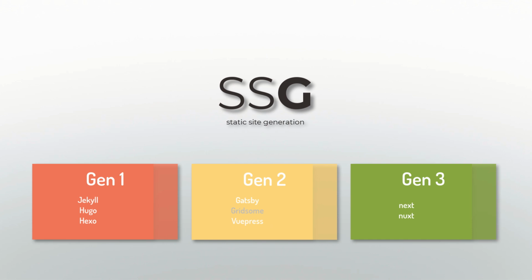So the implications of this are quite important. In generation 3, you're able to take any data type, generate it on the server side, but also utilize it in a structured manner on the client side.